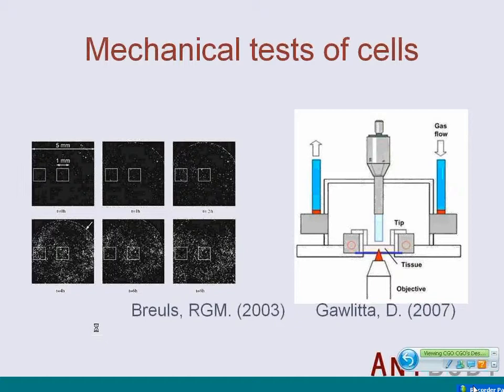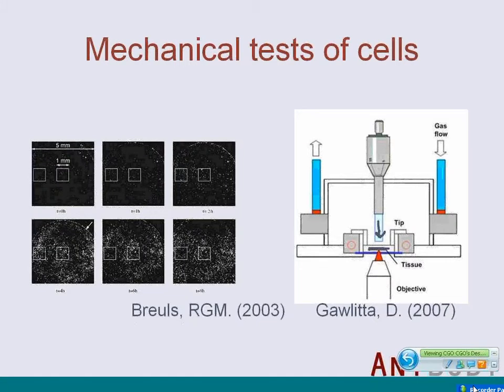So a couple of studies that I would like to show have been working in this area of mechanical testing of cells. They are mentioned down here, and basically, if you look at the right picture, you have some tissue growing down here, and then you have an indenter that you press into this tissue, and you can look at it from underneath.